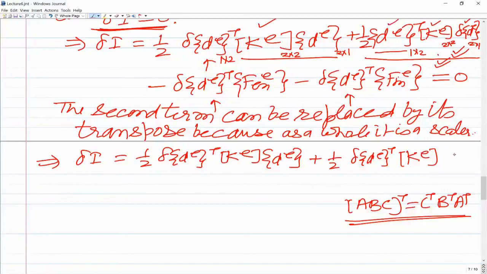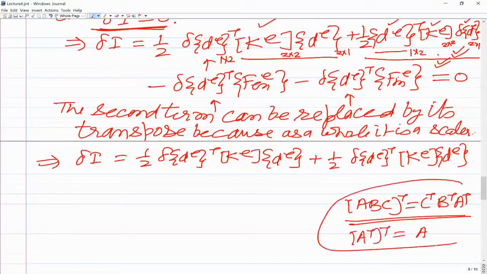Transpose transpose will become simply DE, because the first term goes to the last. If I have a matrix A transpose, its transpose would be simply equal to A. So I am making use of this result, that ABC transpose equals C transpose B transpose A transpose, and A transpose transpose is A.